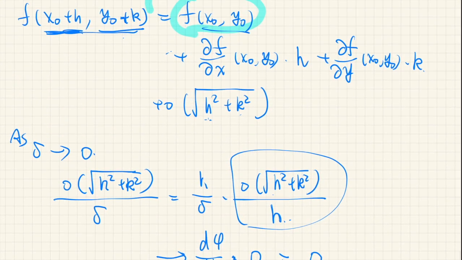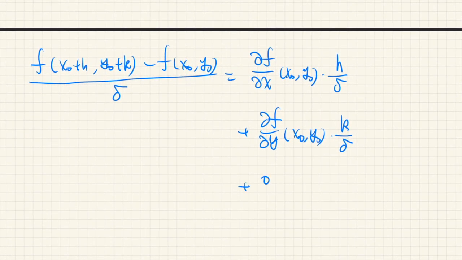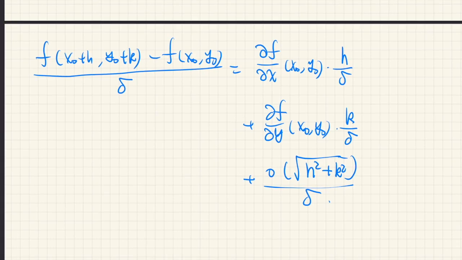Wait a minute, did I write k? Yes. And plus little o of the square root of h squared plus k squared over delta.